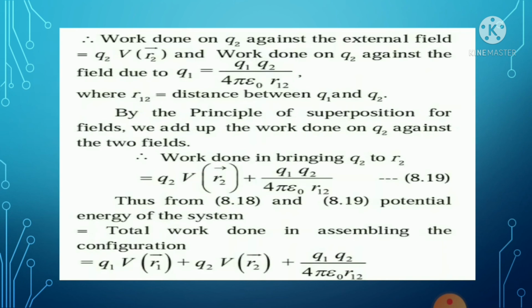Therefore, work done on Q2 against the external field equals Q2 V of R2 bar, and work done on Q2 against the field due to the Q1 charge equals Q1 into Q2 upon 4 pi epsilon 0 into R12, where R12 is the distance between the Q1 and Q2 charges.